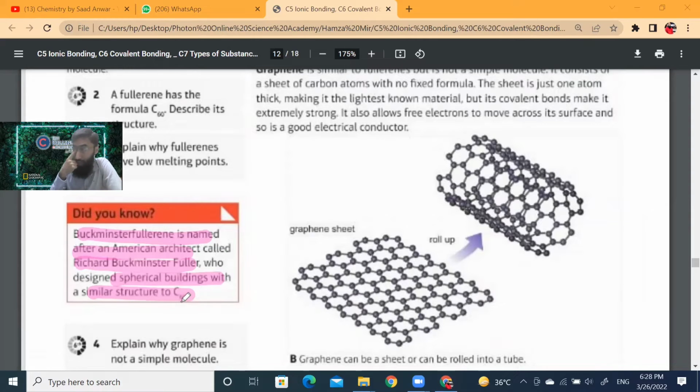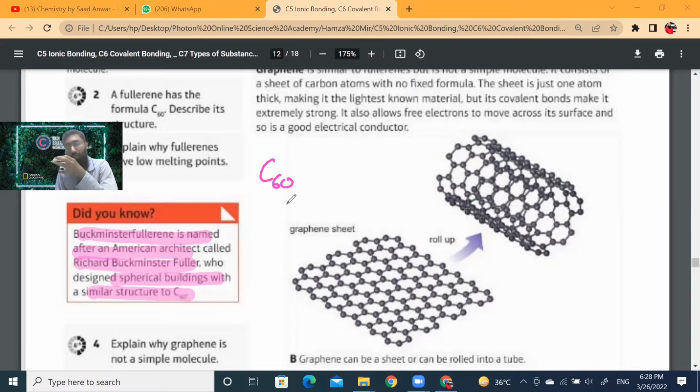Montreal is a city or province, I'm not quite sure, present in Canada. And in Canada, this American architect used to construct spherical buildings with a structure similar to C60, meaning 60 carbon atoms.